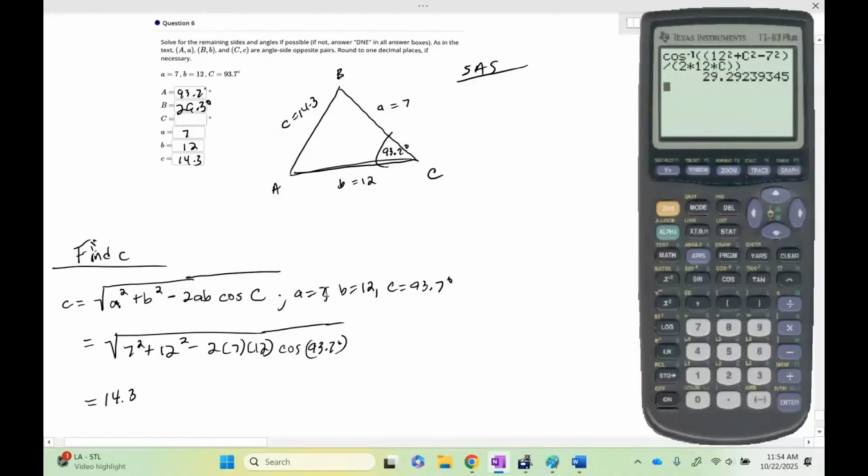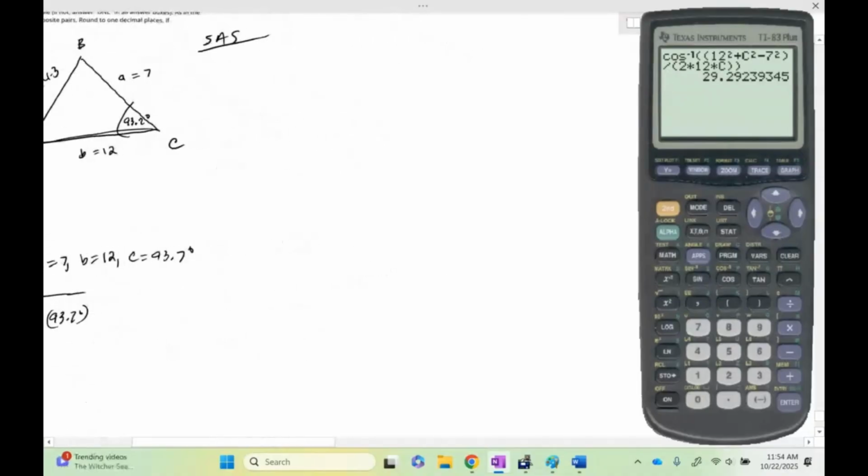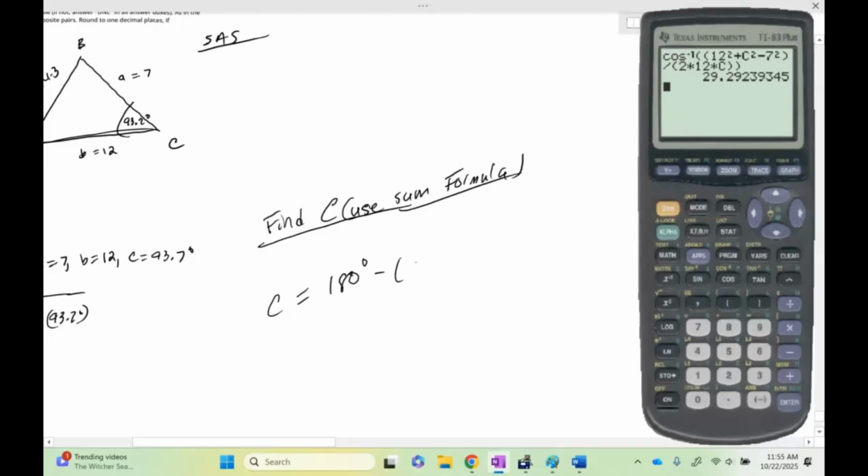All right. So now lastly, we want to find C, and we're going to use the sum formula. So C is equal to 180 degrees minus 93.7 plus.